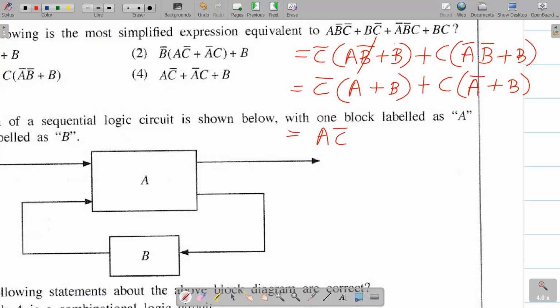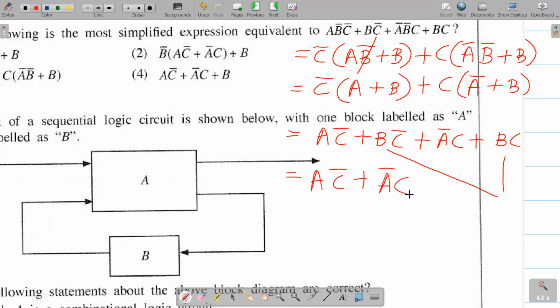So we have AC bar plus BC bar plus A bar C plus BC. Right? So we can take this and this together. So AC bar plus A bar C plus.